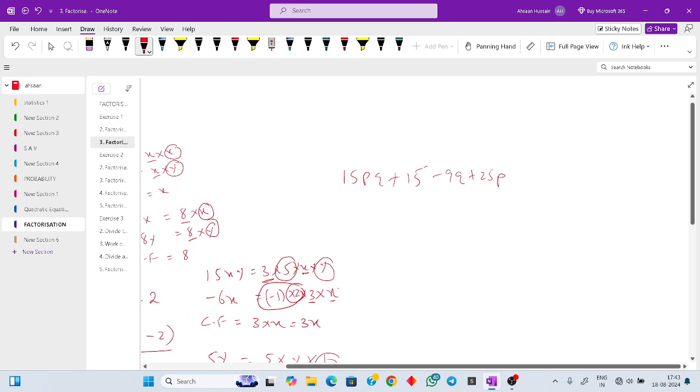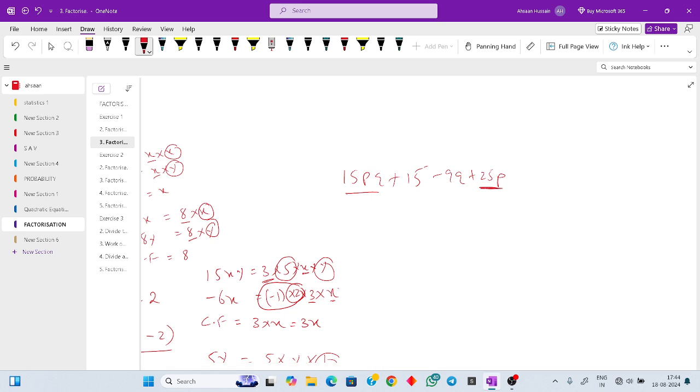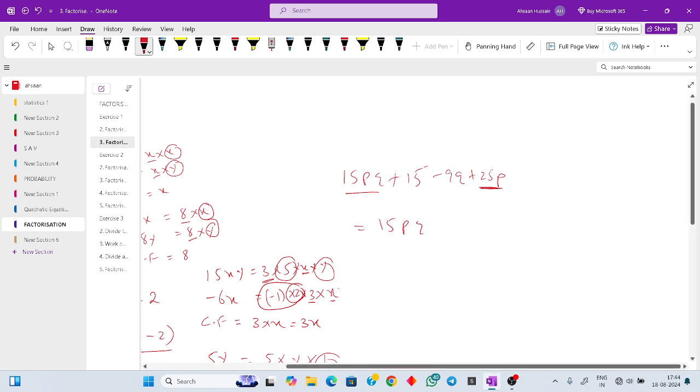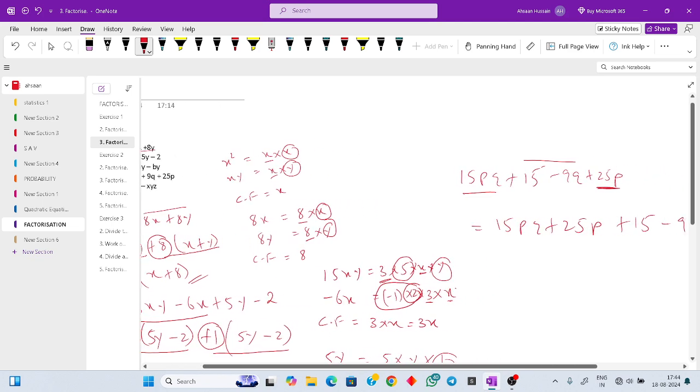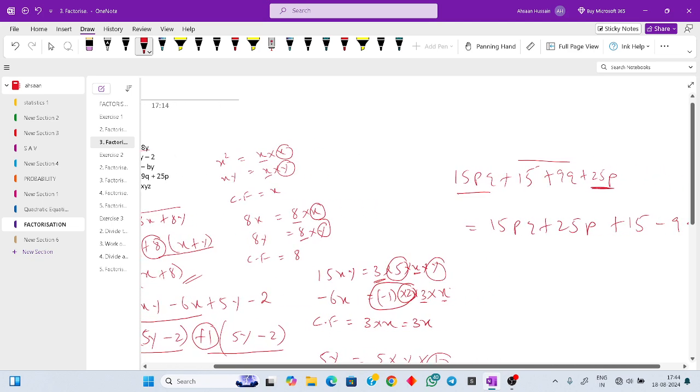So how will you rearrange? Let's write these two together because we can see p is common in both the terms. So 15pq plus 25p. And then we'll write these two terms plus 15 plus 9q. Again, the answer will become negative. So there is no negative sign, it's positive 9q.